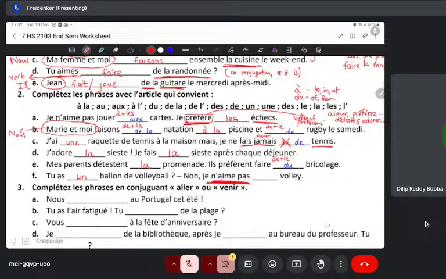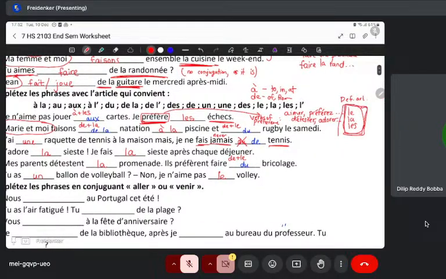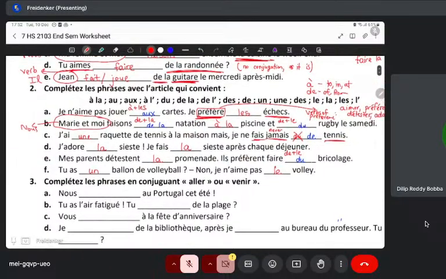I don't like. English words borrowed into French are usually masculine, so I can directly write le. I don't like volleyball. So non, je n'aime pas le volley. Why? Because for verbs of preference you have to use these definite articles. Okay, second question is also done.